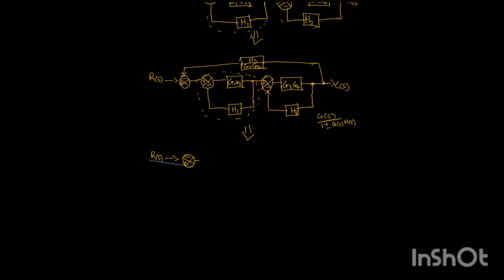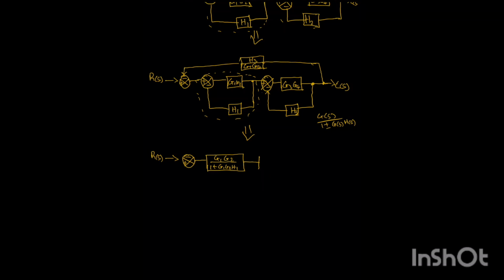So putting it this way, we have G1. So in resolving this now, using this formula, we'll be having G1, G2 all over 1 plus G1, G2, H1.